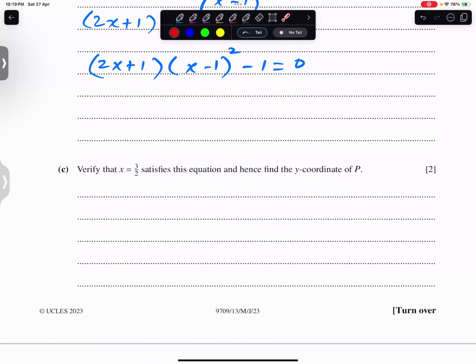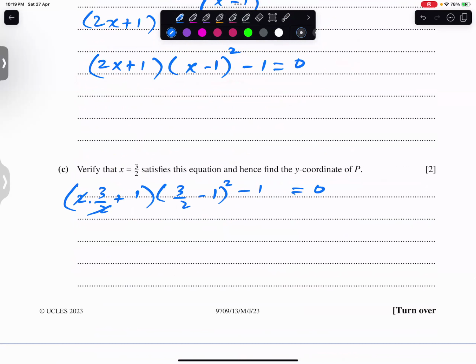Verify that x is equal to 3/2 satisfies this equation. Satisfy means that the left and right sides will be equal, let's check. So (3/2 into 2 plus 1) into (3/2 minus 1) whole square minus 1 equal to 0.